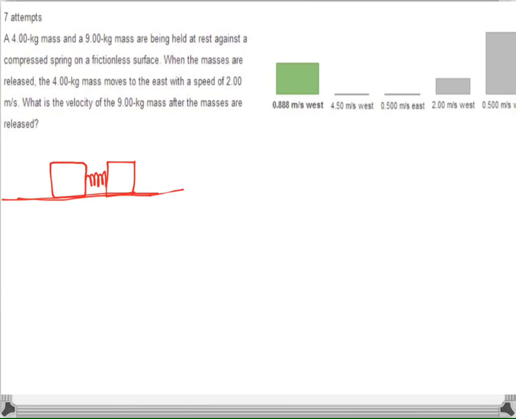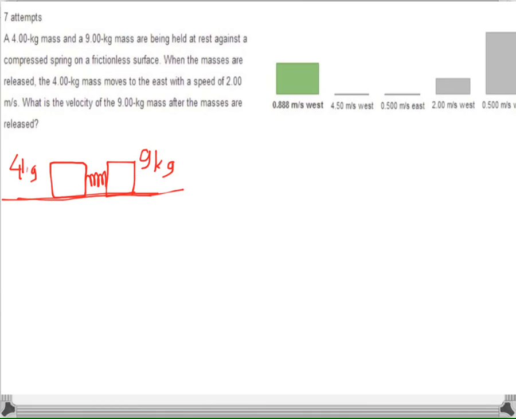Okay, so initially you have two objects with mass 4 kilograms and 9 kilograms, and initial velocities are, of course, 0. They are being held, compressing the spring in between them, and you release them. Okay, there is no friction on the surface. You release them, what happens?